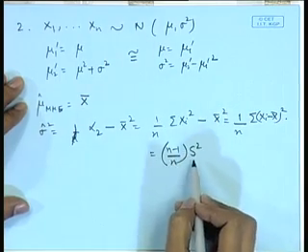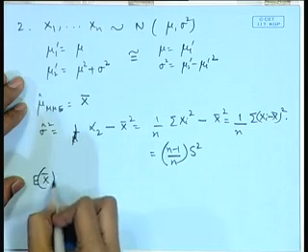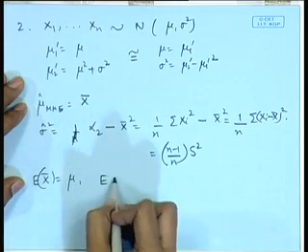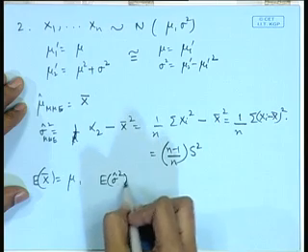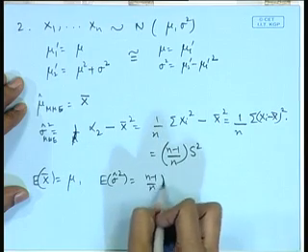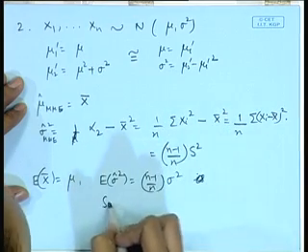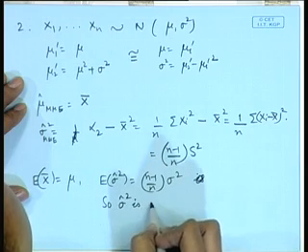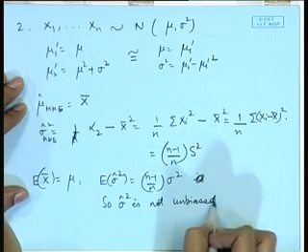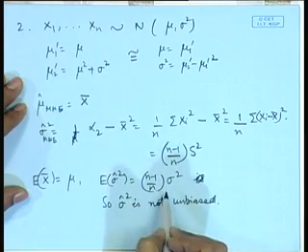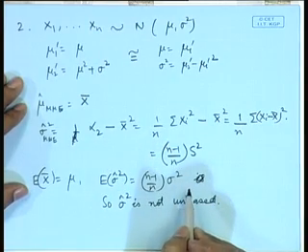So, it is not s square. In fact, you can see expectation of x bar is mu, but expectation of sigma hat square is n minus 1 by n sigma square. So, sigma hat square is not unbiased. Already I have proved that x bar as well as sigma hat square, they are consistent.